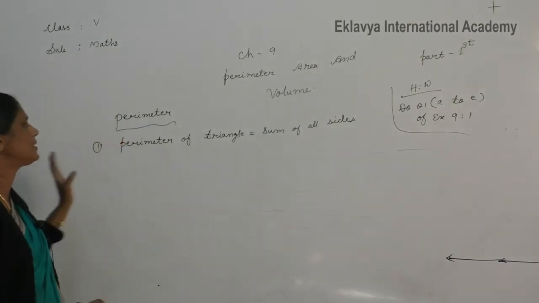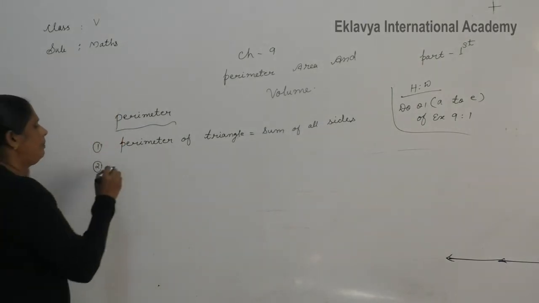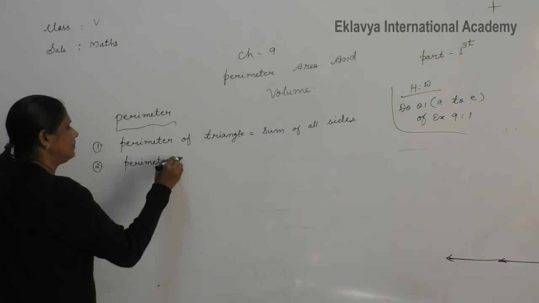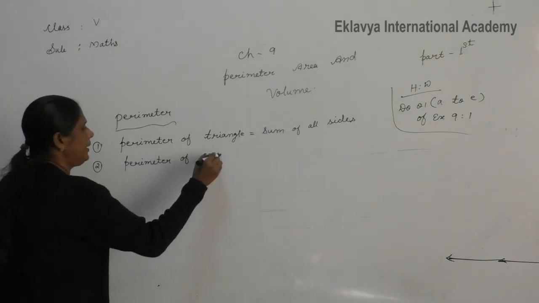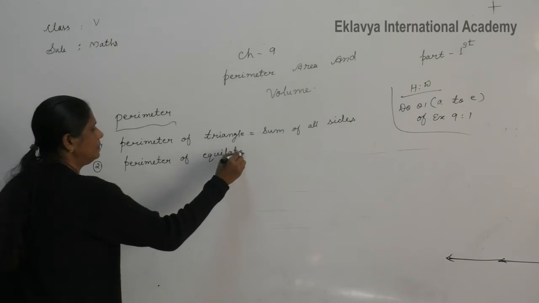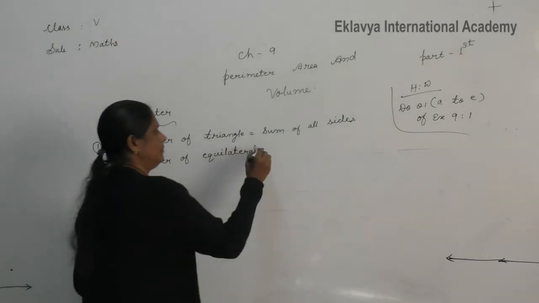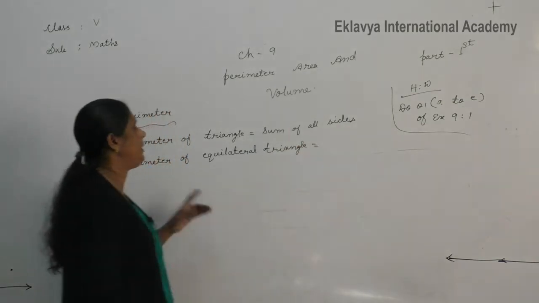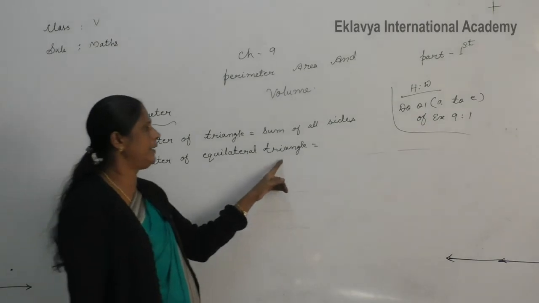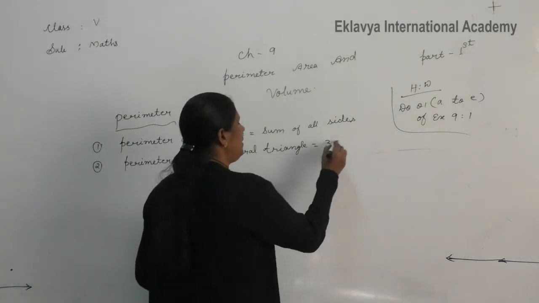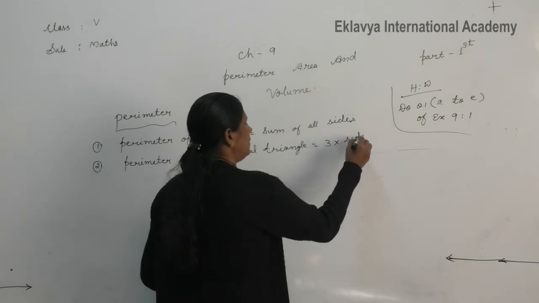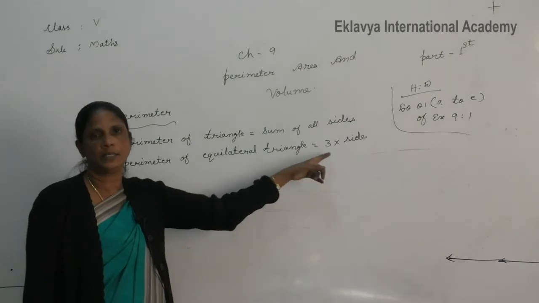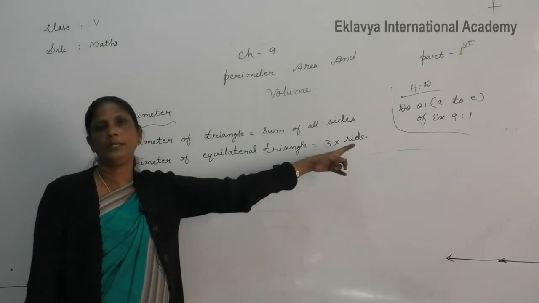Sum of all sides. Second, perimeter of equilateral triangle is equal to 3 multiply side.